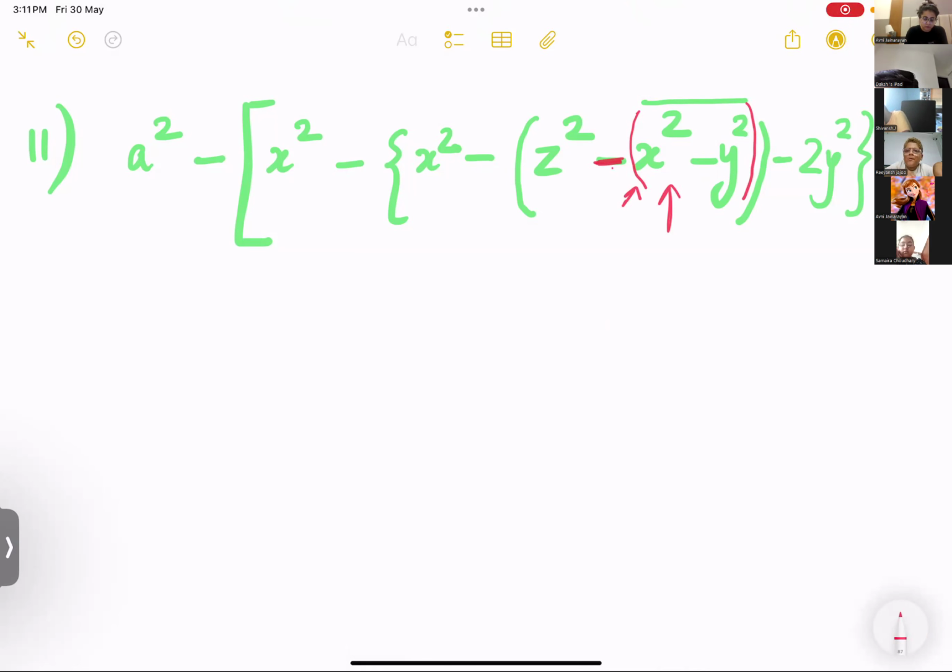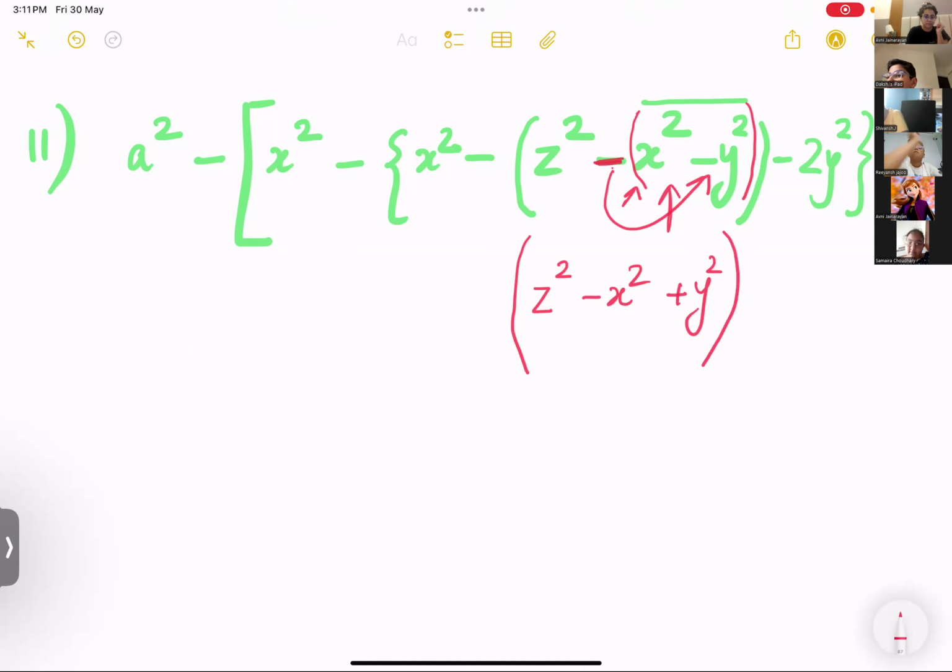Okay? Now see what I'm doing. I'm going to just write z square minus x square. This minus and this minus becomes what, children? Minus minus what? Plus. Ma'am, plus. Plus y square. But I'm going to wait right now and I'll close the bracket.